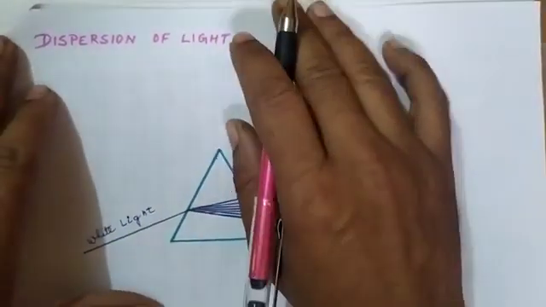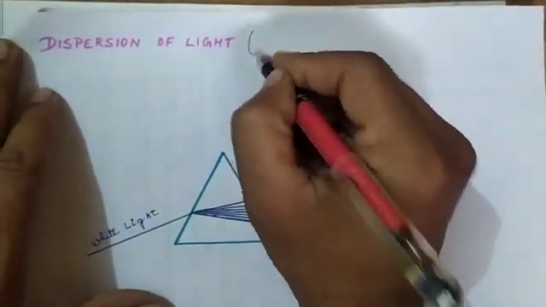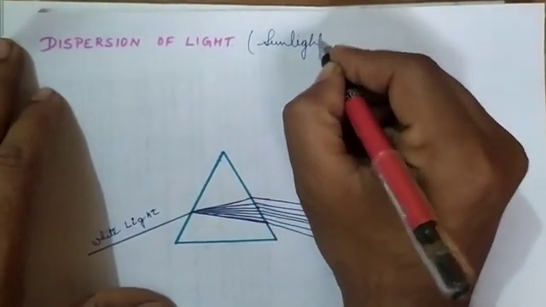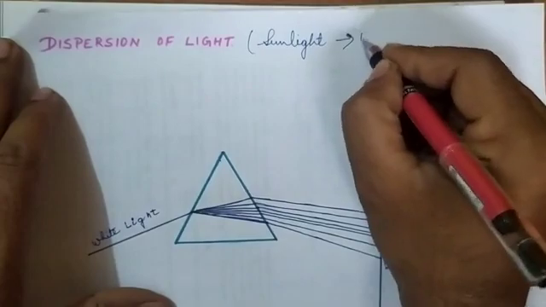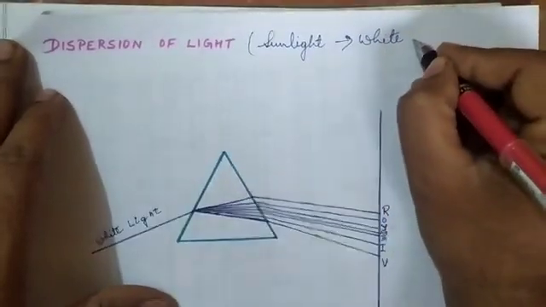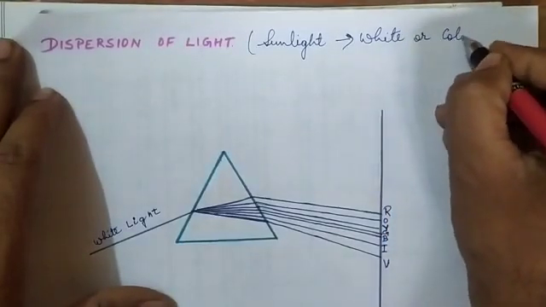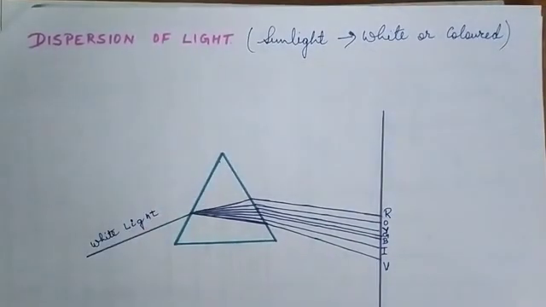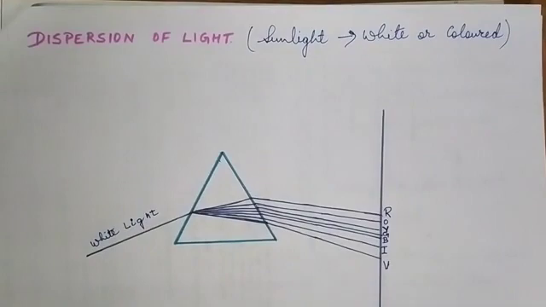Next, many times we wonder what is the light that we get from sunlight, is it white or colored? We know that white light comprises 7 different colors.